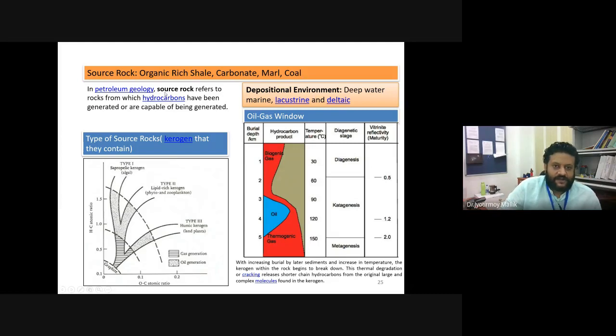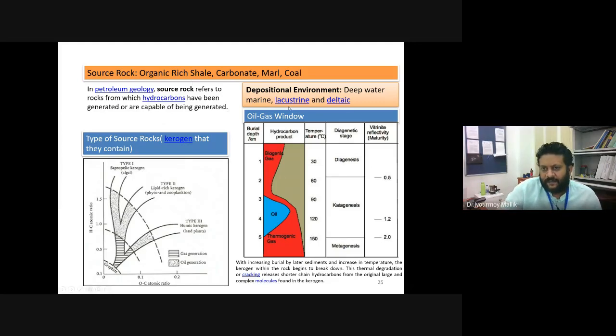In petroleum geology, source rock refers to the rock from which hydrocarbons have been generated and or are capable of being generated. Okay. So a particular shale, carbonate, marl, or coal from where hydrocarbon has already been generated, or it can generate hydrocarbon, that is what we call a source rock.